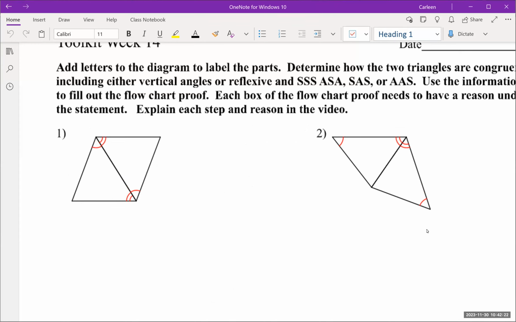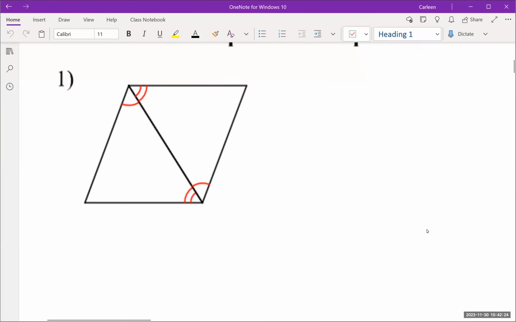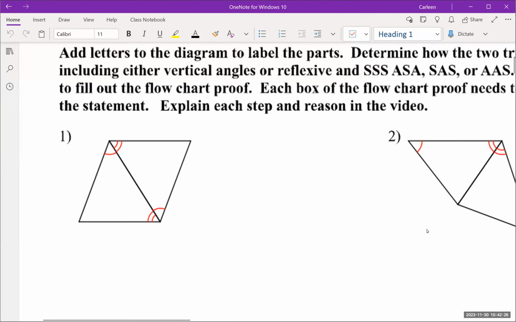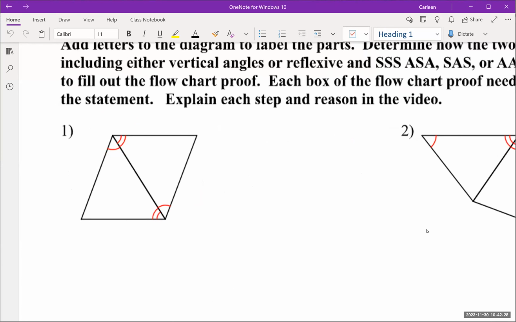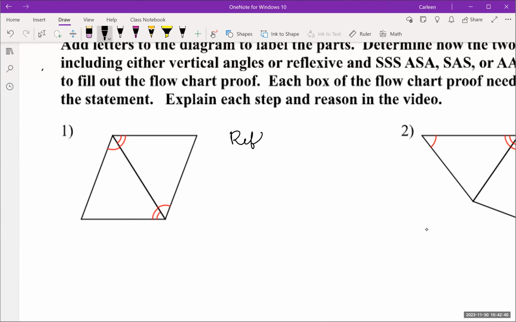Does anyone have a guess as to what proof we have that these triangles are congruent? A little bit of review here. I see reflexive. Now that I've said reflexive, what do you see?